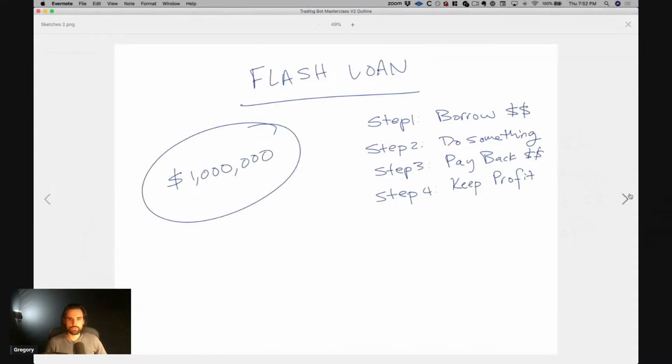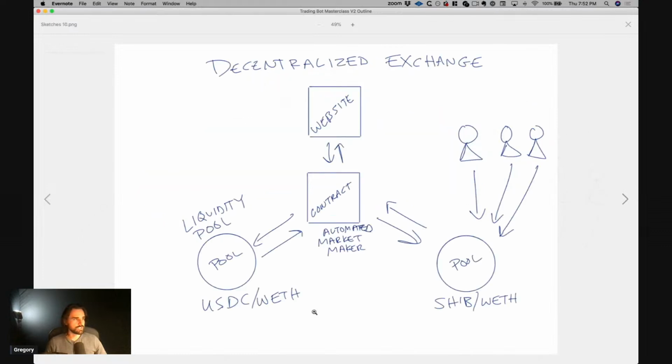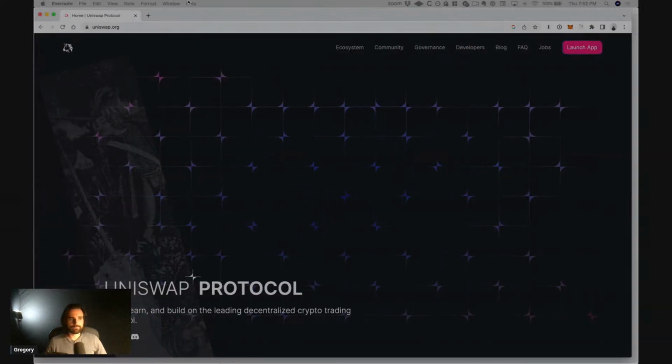All right, so let's look at our next concept to understand. Let's talk about decentralized exchanges, or DEXs, okay? You might have seen an app like Uniswap. Uniswap is the most popular application on the blockchain.